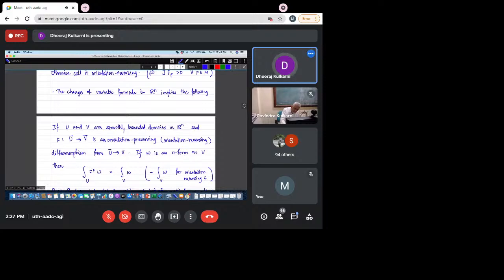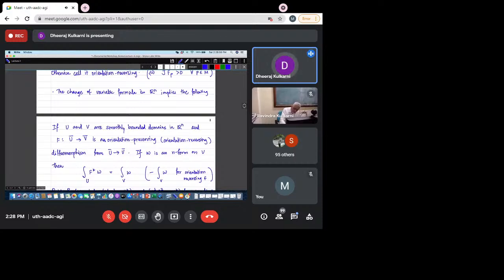So when I assume that F is a diffeomorphism, it means that the boundary of U will go to the boundary of V. It is implied in the assumption. If you don't see it, it's a good exercise to see why a diffeomorphism from U bar to V bar will take a boundary point to a boundary point.